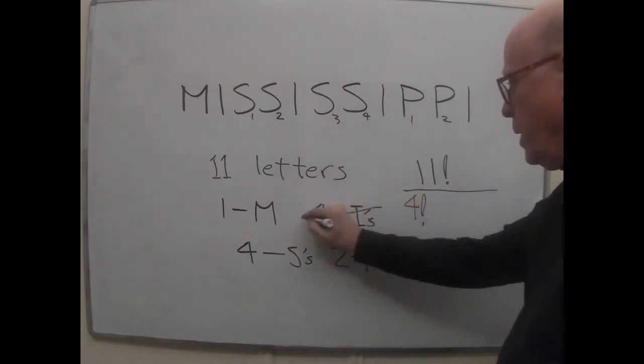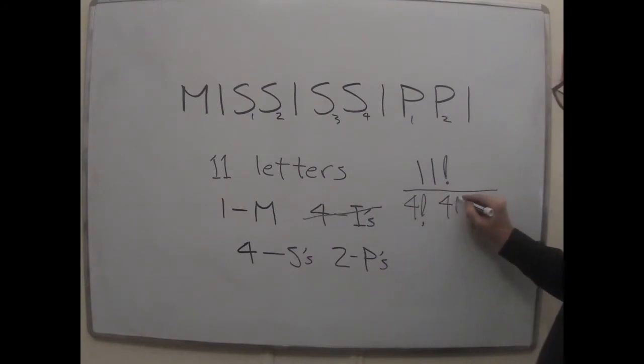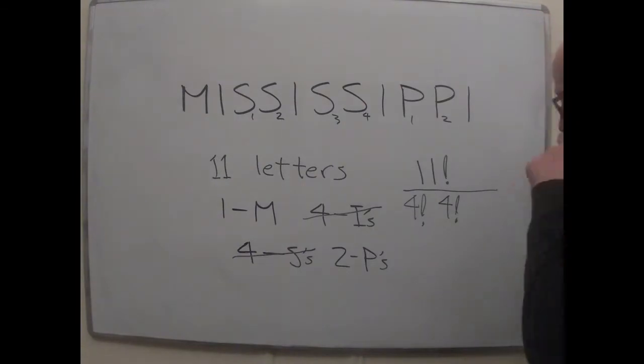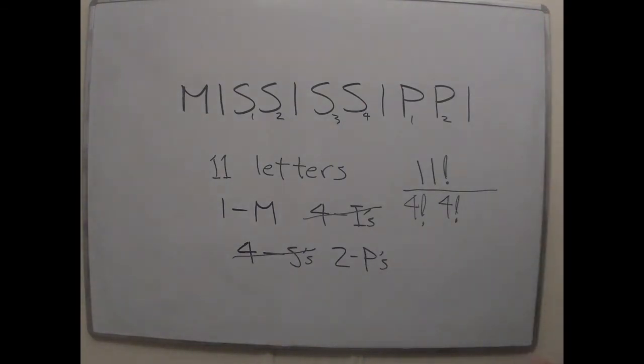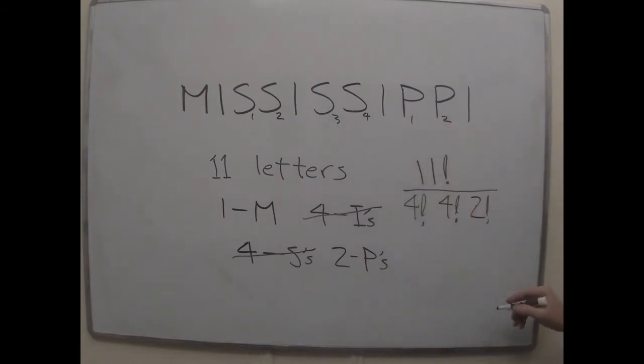That deals with the 4 I's. But we'd also have to divide by 4 factorial to get rid of the dependency on the S's being distinguishable, and finally by 2 factorial to get rid of the issue about switching P1 and P2. And indeed, there's actually also a 1 factorial, but that doesn't change anything.